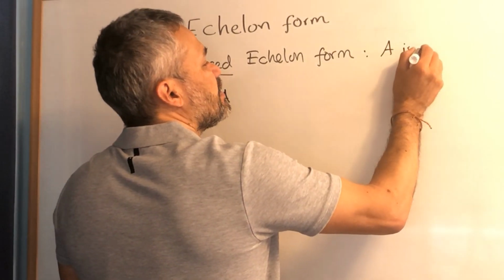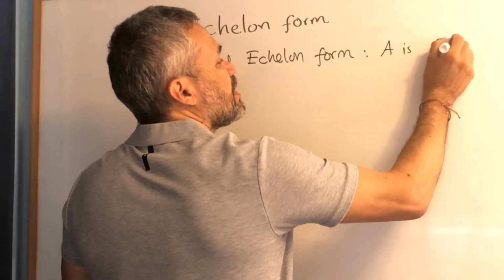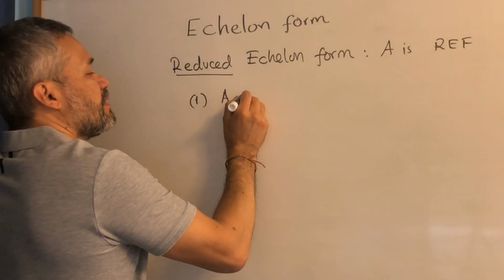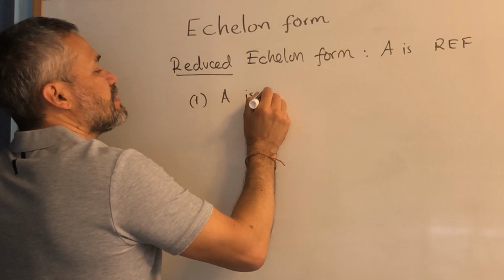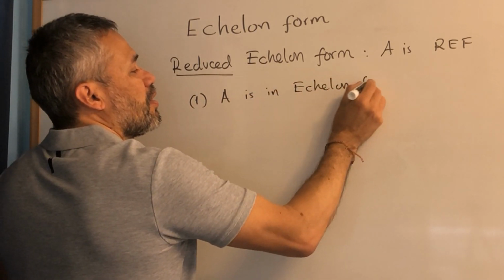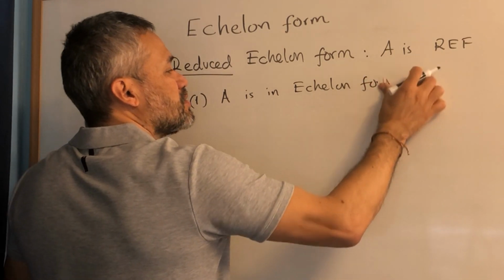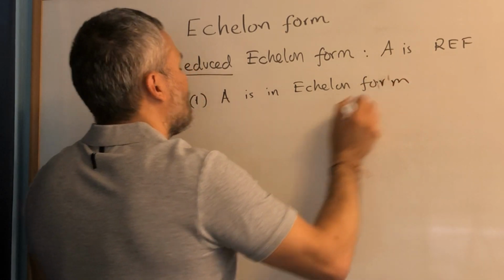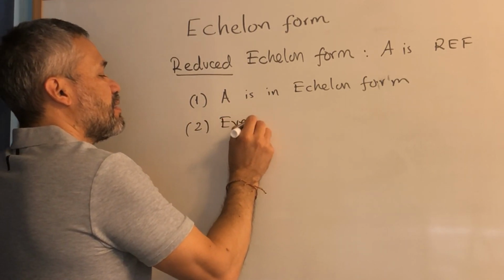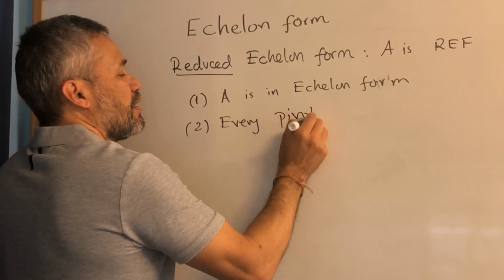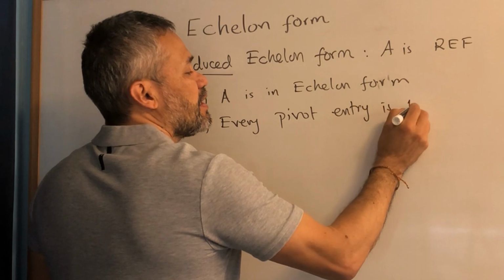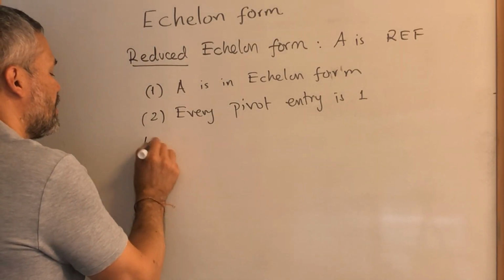A is in reduced echelon form if, one, A is in echelon form, and two, every pivot entry is 1.